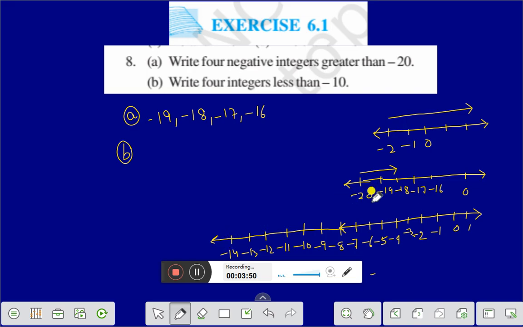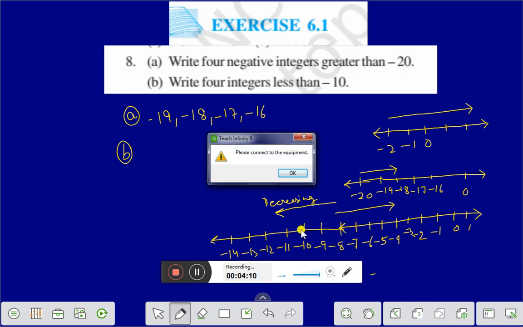We already told you that if it goes in the right direction, the number is increasing, and if it goes in the left direction, the number is decreasing. In the left direction it is decreasing.